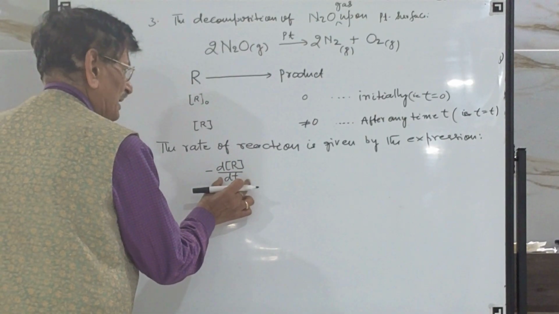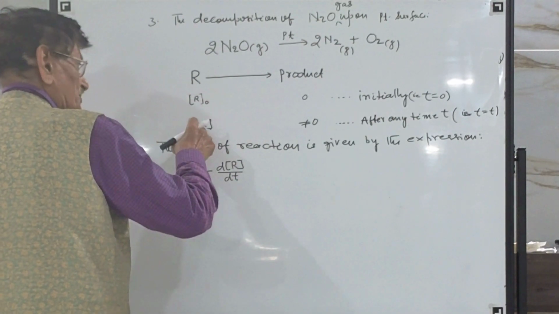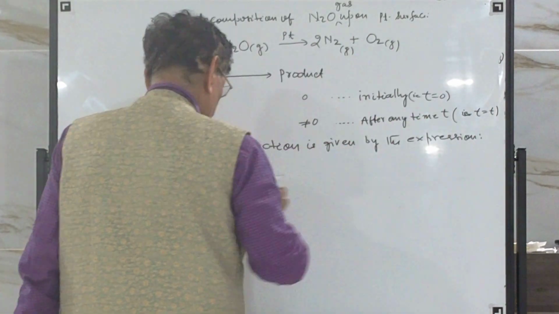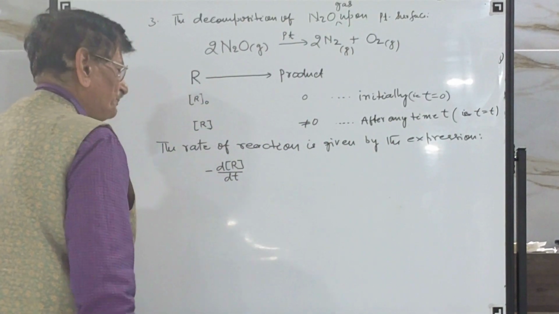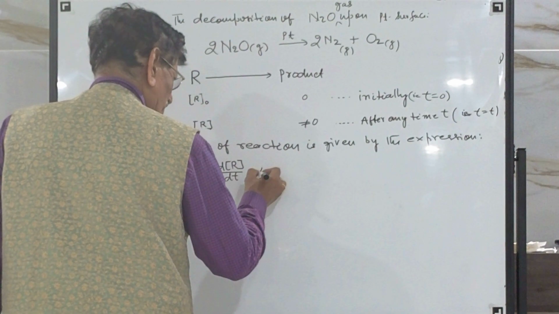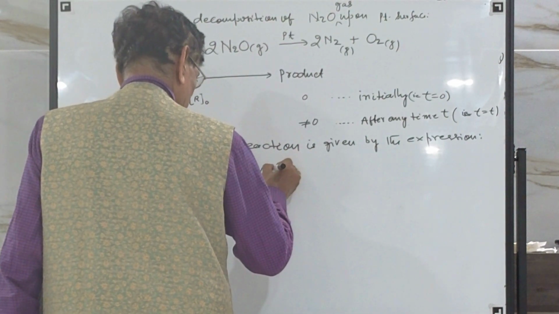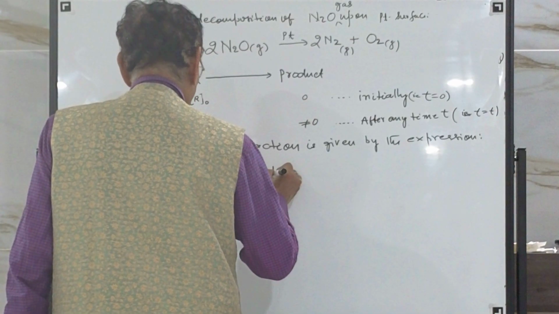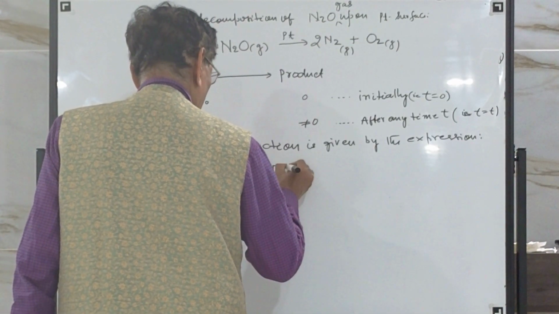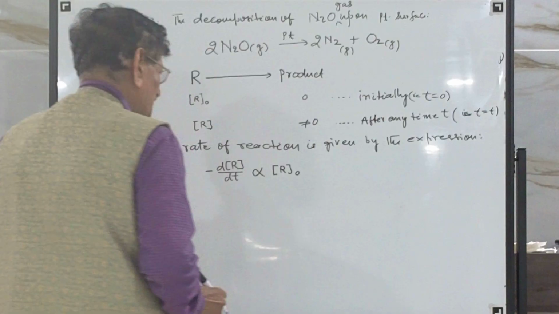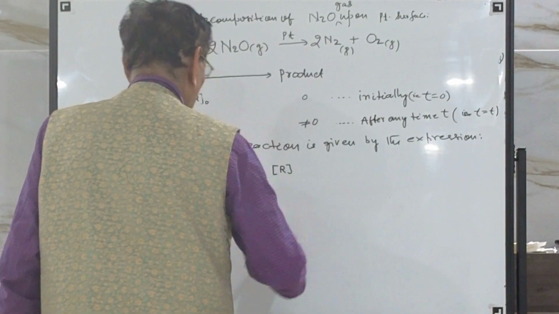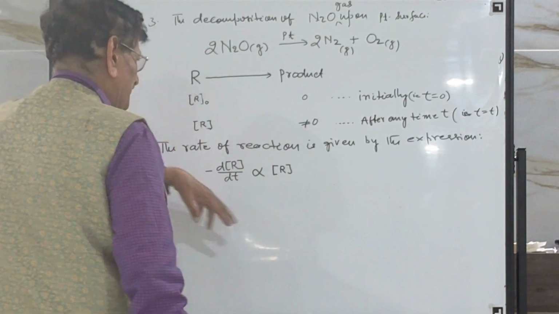This is the rate of reaction at time t, because of the concentration at time t. So this is the rate at time t. This is proportional to the concentration of R to the power zero.